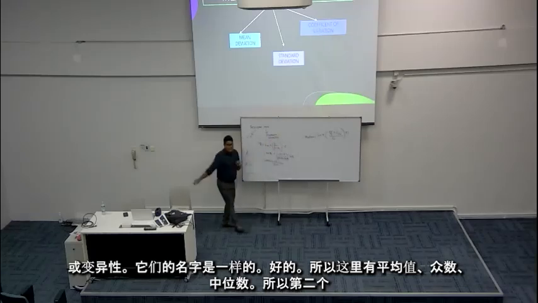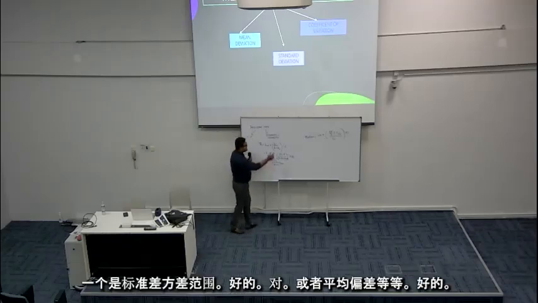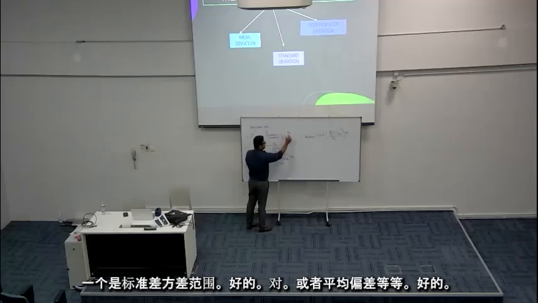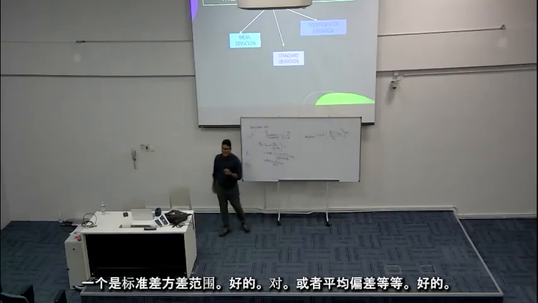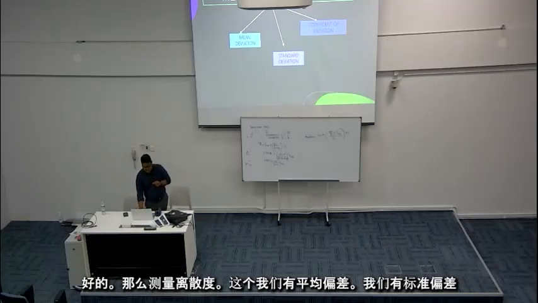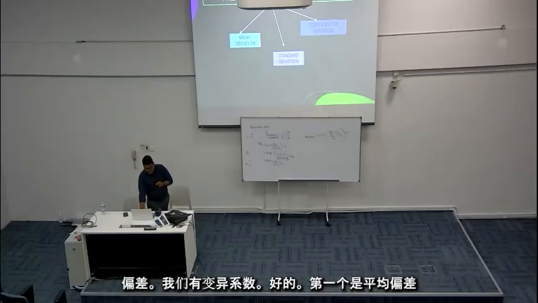They are the same in name. Here we have mean, mode, median. The second one is standard deviation, variance, range, or mean deviation and so on. So, measures of dispersion: we have the mean deviation, the standard deviation, and the coefficient of variation.